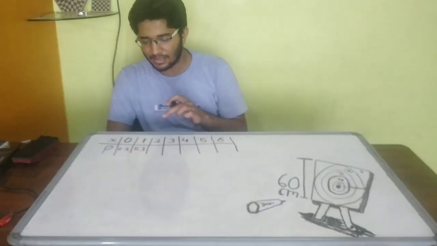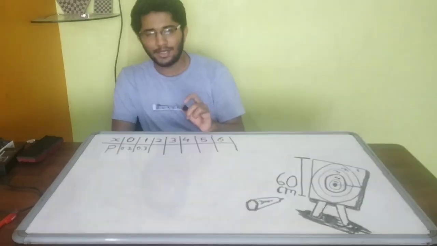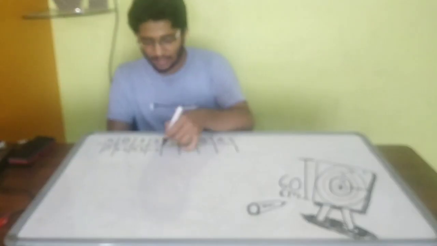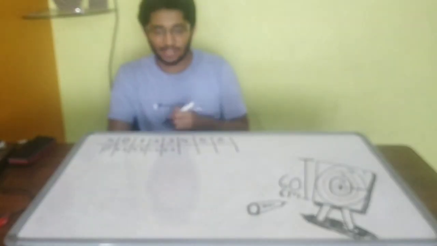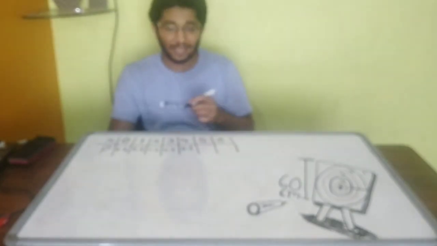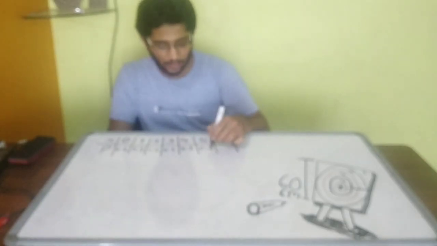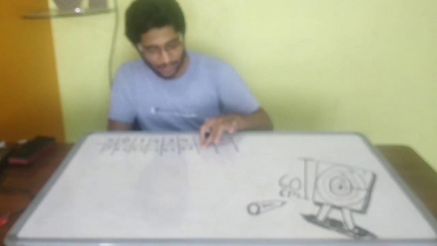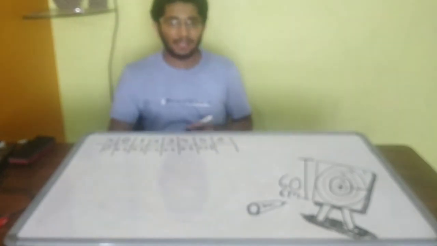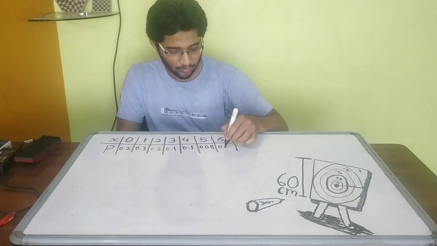There is a 30% chance that we will hit the board but get only 1 point. Now there is a 20% chance of getting 2, then a 10% chance of getting 3, then again a 10% chance of getting 4, then an 8% chance of hitting 5, 8%, not 80%, so it will be 0.08, and there is only a 2% chance that we will hit the center of the circle, assuming we are a normal person, not an expert.